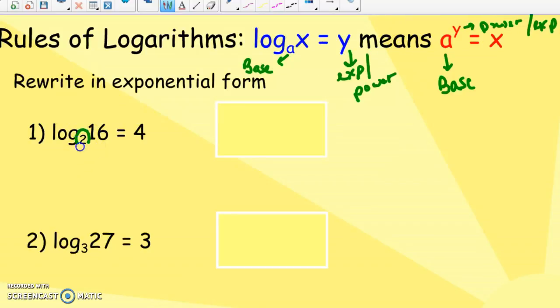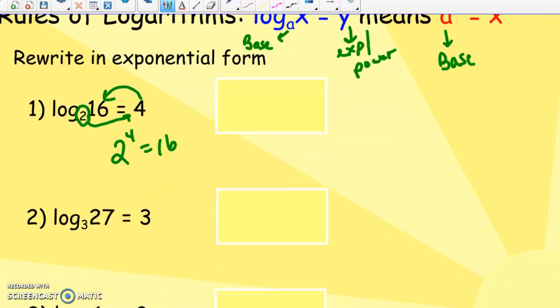So we're going to identify our base value is the 2. When we put it in the exponential form, we start with that base number of 2, and then the order in which we write our numbers goes in a counterclockwise direction. So it's going to be 2 to the 4th power equals 16. Then you can evaluate 2 to the 4th, make sure that it equals 16, so we know we probably put our equation in the proper order.